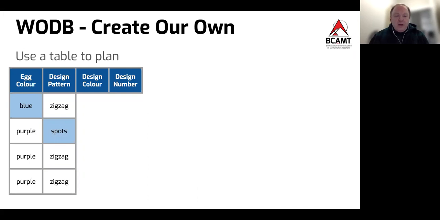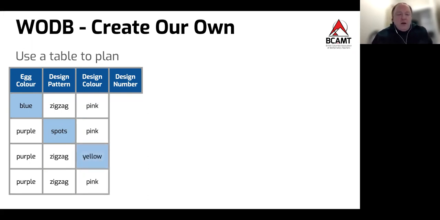The similarity with the other ones is that they will have zigzags, whereas the different one will have spots. For the design color, I'm going to make yellow the difference and pink the similarity. And finally, for the number of the design, I'm going to have 4 of each for the similarity, and I'll make the distinguishing one have 3.